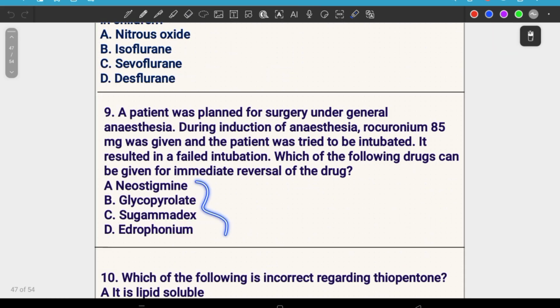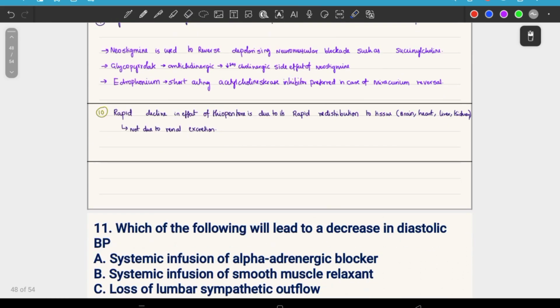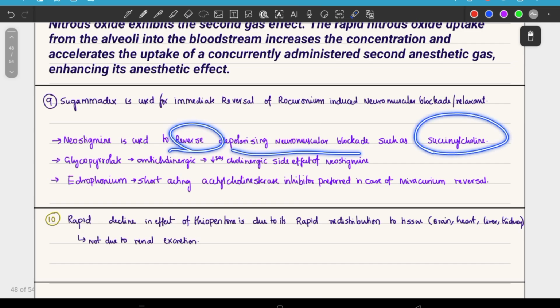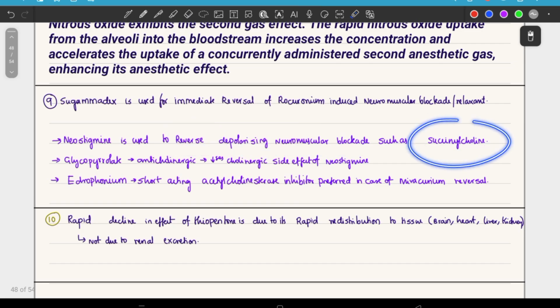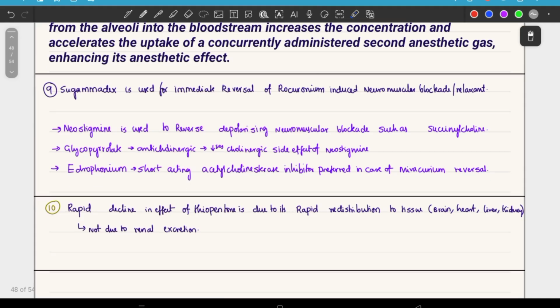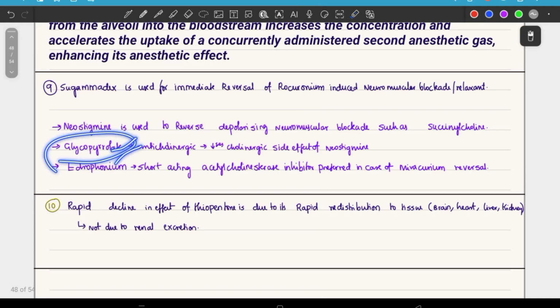So, let's see the other options. Neostigmine is used to reverse the depolarizing muscular blockade of succinylcholine. When succinylcholine was given in the question instead of rocuronium, then you would have given neostigmine for reversal. Glycopyrrolate, our favorite question.